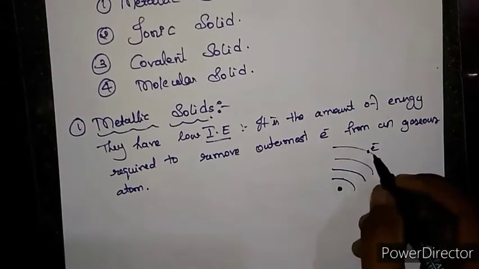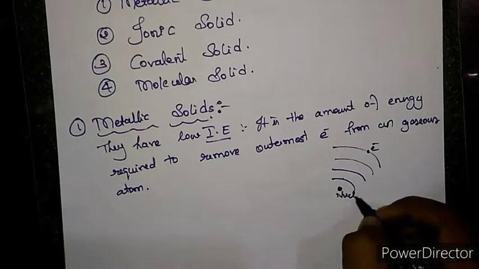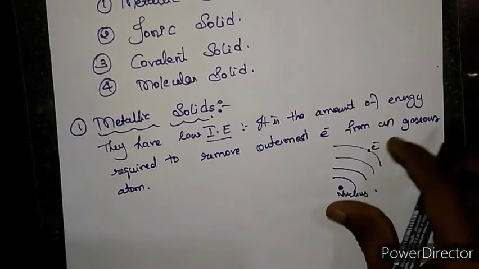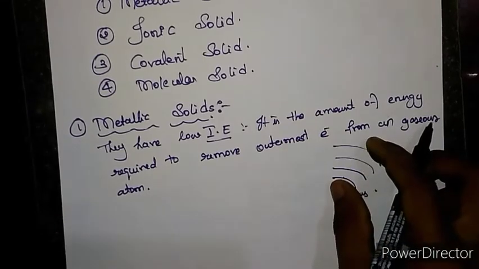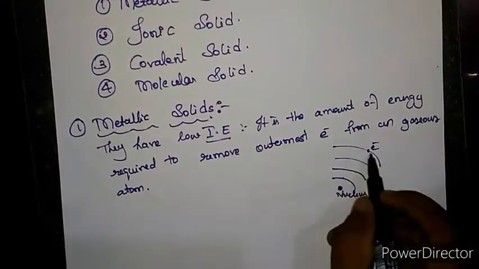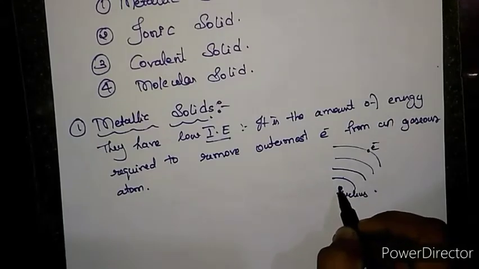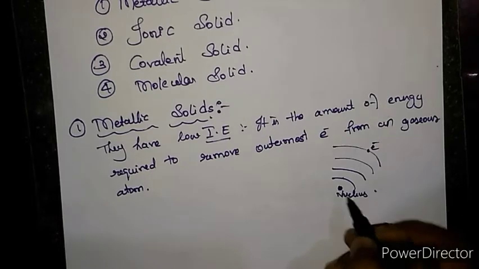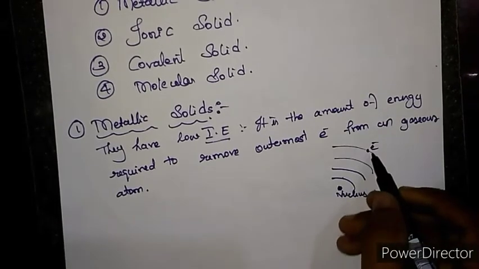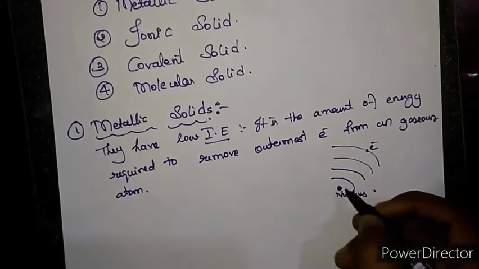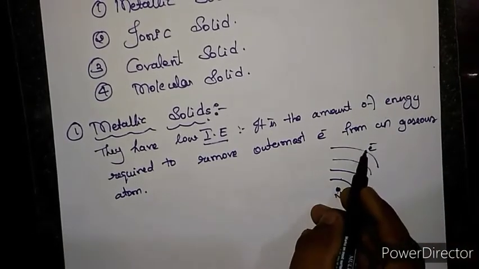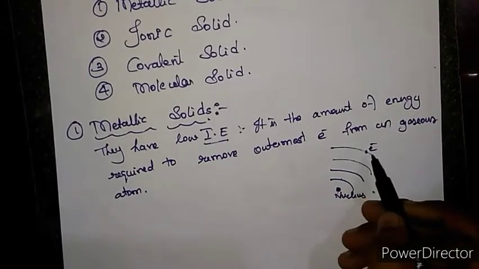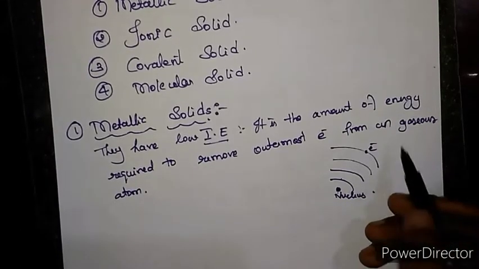Between the nucleus and this electron there is a large gap, with many shells in between. As a result, this electron experiences a lesser force of attraction from the nucleus because it is very far from the nucleus. So the nucleus holds this electron less tightly, and I can remove this electron by applying little energy.